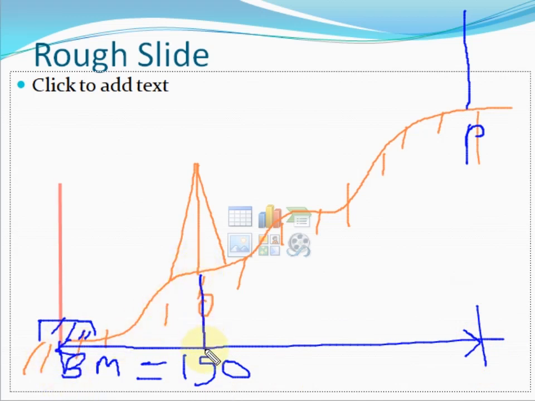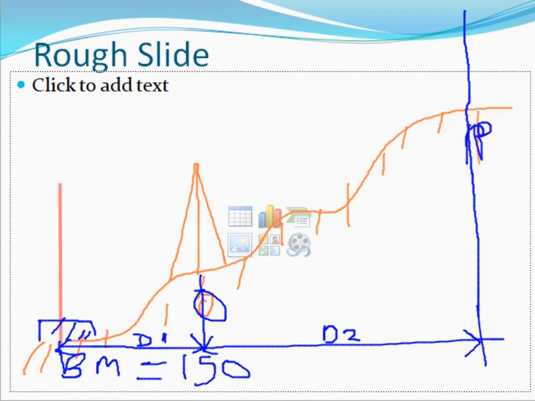From the instrument station O, the horizontal distance to the benchmark is d1, and this is d2. If you see in your figure, this is d1 and this is d2. If I add d1 plus d2, I get the total distance from the benchmark to point P.